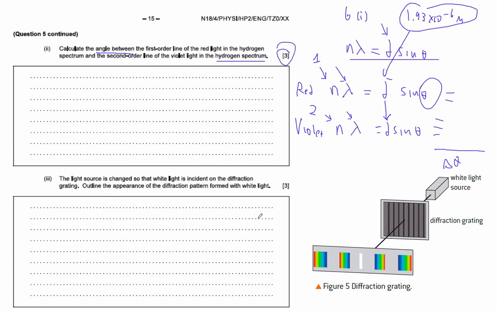Then they change it so that it's white light. Remember, it's a continuous spectrum. We did this when we looked outside. Remember, I had you look at white light with this, so we got the little rainbows. Notice that the center is white.